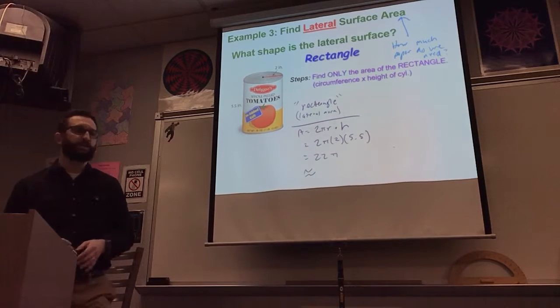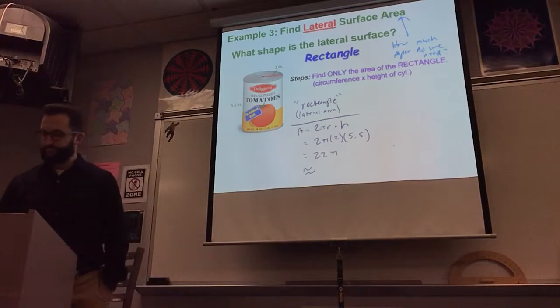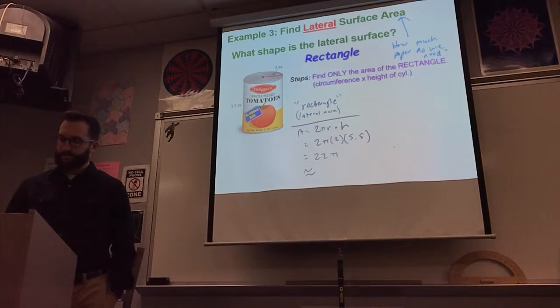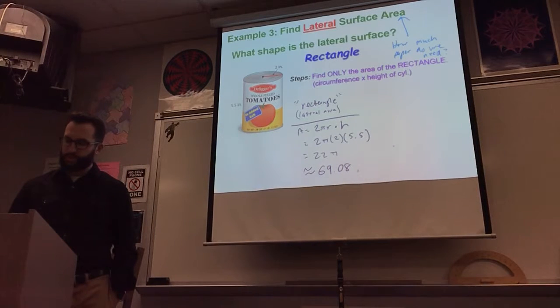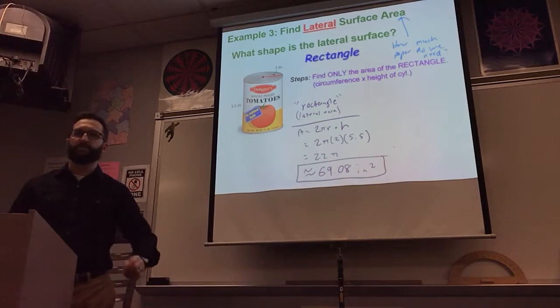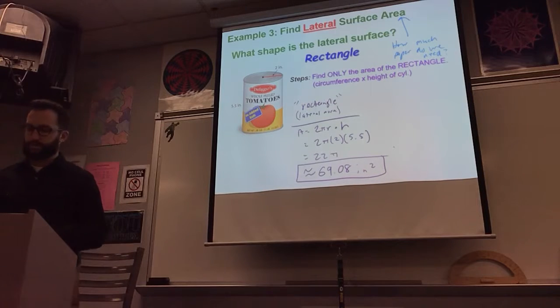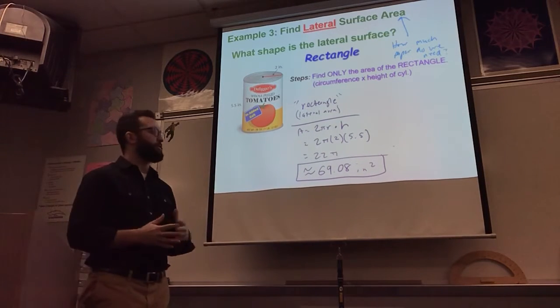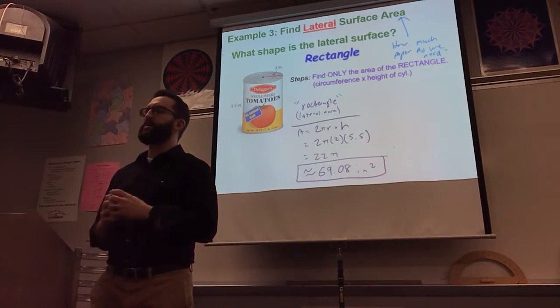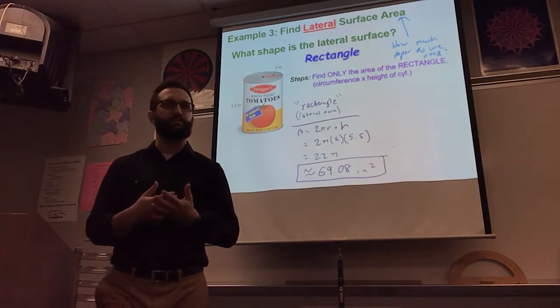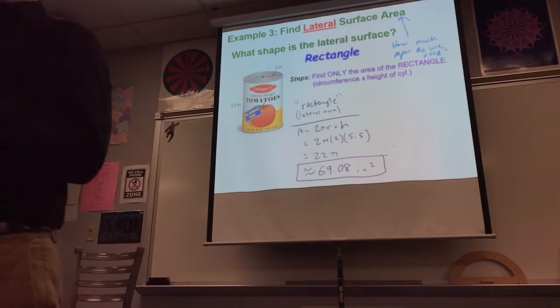So we get approximately what? 69.08 inches squared is how much we need. Okay? I know that I went through that one fast, but lateral area is actually a lot faster to find because we don't need to even worry about the bases.